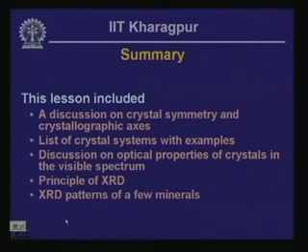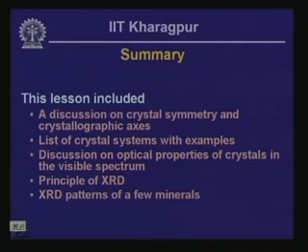Okay. So finally we summarize what we discussed in this particular lesson. We looked at crystal symmetry and crystallographic axes. We examined different types of crystal systems. We looked at optical properties of crystals, which allow us to distinguish one mineral from another. Some of these properties are their behavior in the visible spectrum.